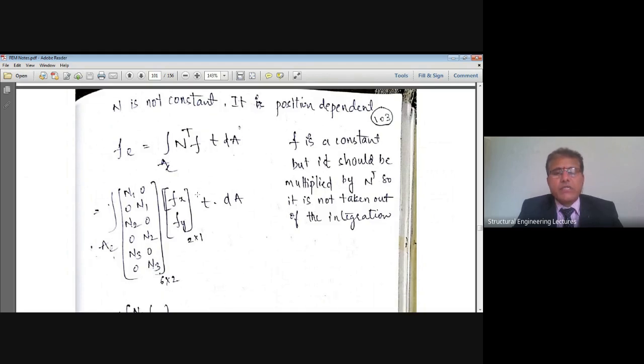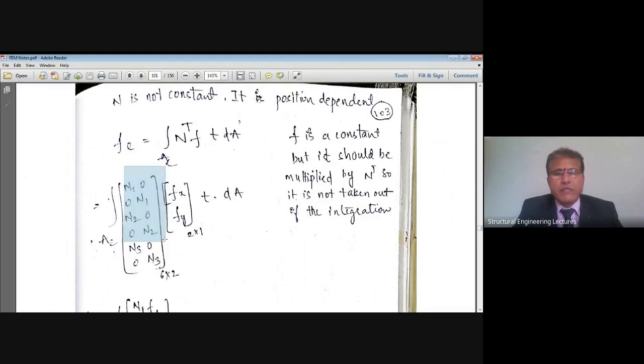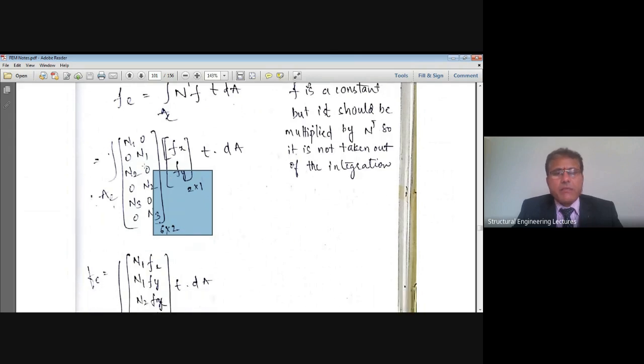That is a 2 by 6 matrix. Therefore N transpose is a 6 by 2 matrix, N1 0 up to 0 N3, operated upon the F matrix, given by Fx Fy, a 2 by 1 matrix. Now I'll get a 6 by 1 matrix. That is how I get the element body force vector, meaning N1 multiplied by Fx, 0 multiplied by Fy, 0 multiplied by Fx, N1 multiplied by Fy.